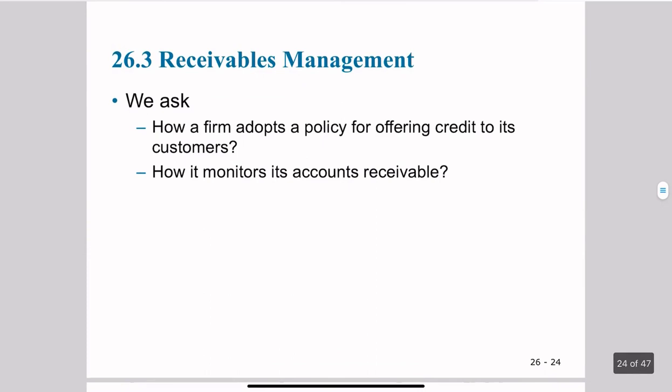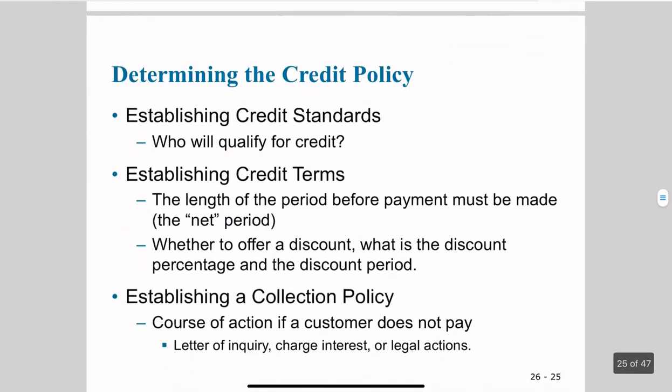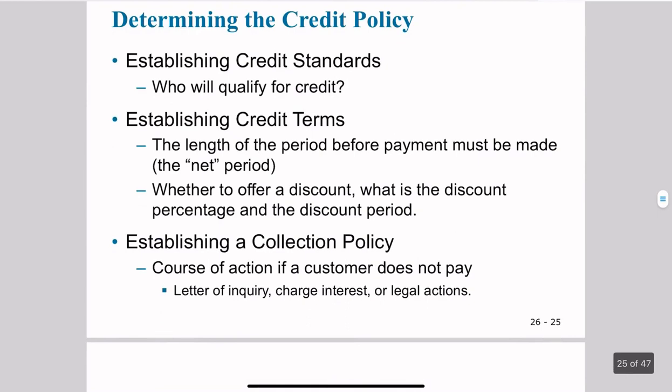Okay, next we talk about receivable management. So basically, we will think about how the firm can think about an optimal policy for trade credit. That is, how it can monitor its accounts receivable. So the general approach to think about a firm's credit policy is, first, the firm will want to think about its credit standards.